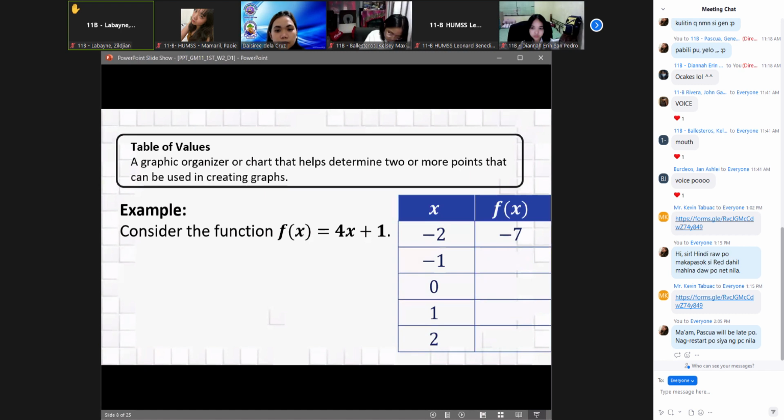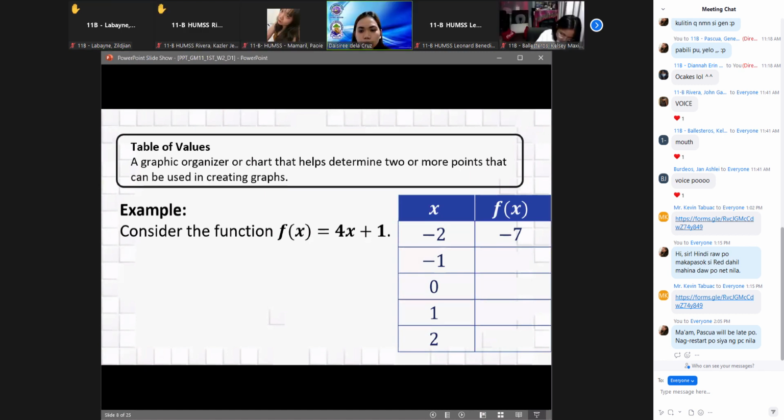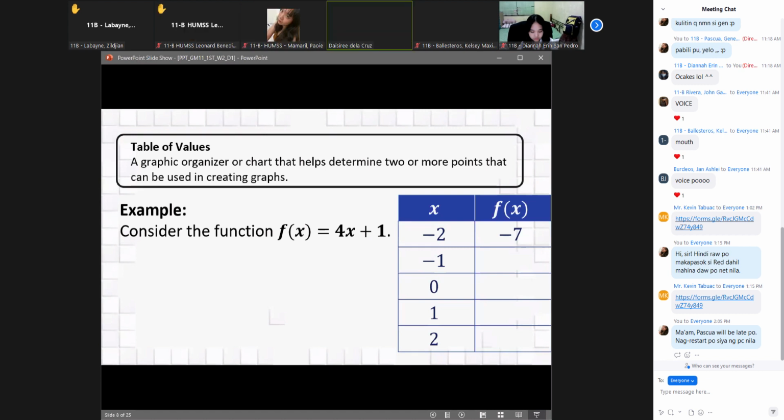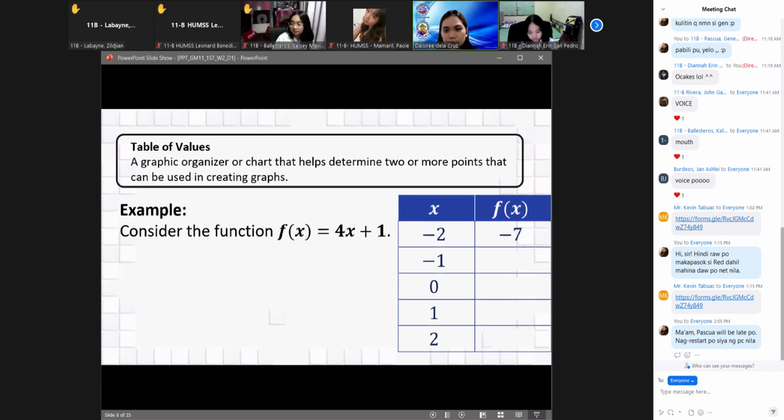Yes. What is the answer or what is the output if we have -1? Sige, Labay ni anak. What is your answer?